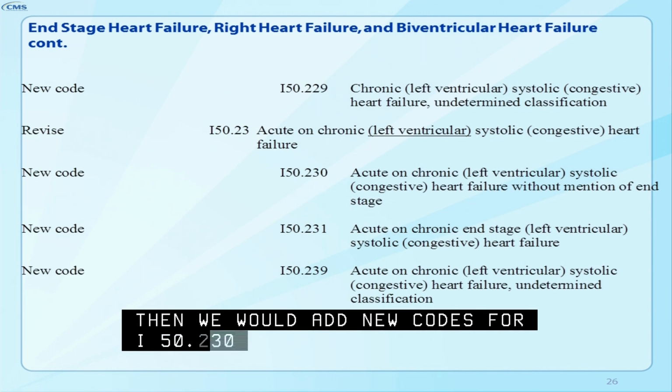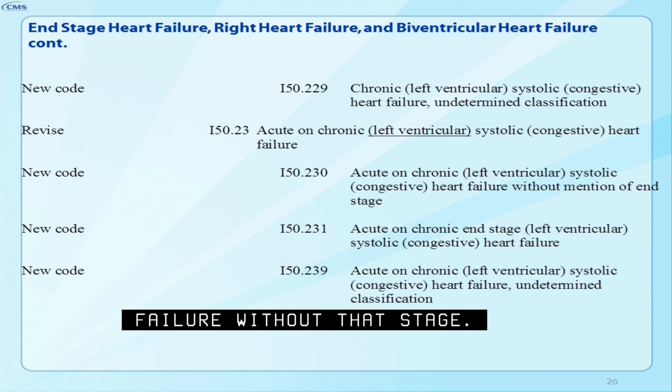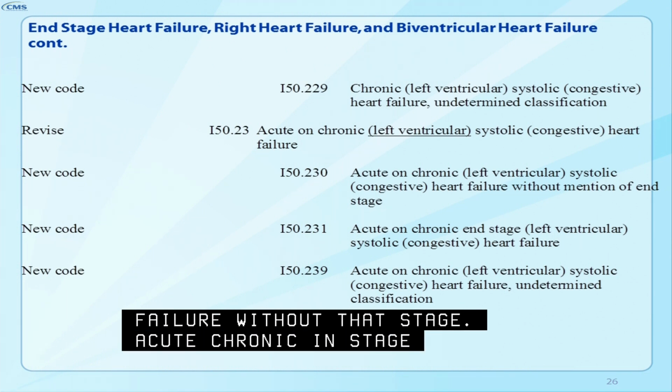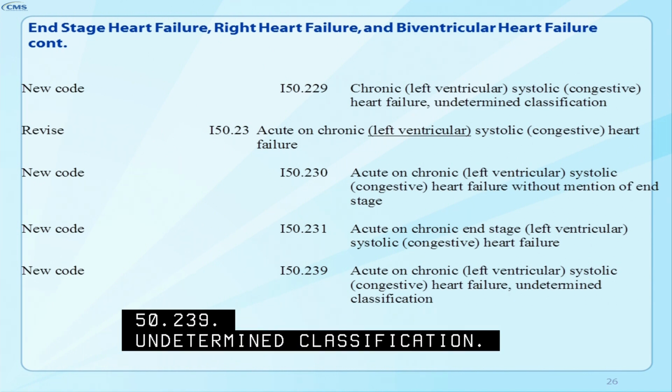A new code I-50.231 for acute on chronic end stage left ventricular systolic congestive heart failure. And a new code I-50.239, acute on chronic left ventricular systolic congestive heart failure, undetermined classification. So those are the proposed changes for systolic heart failure.